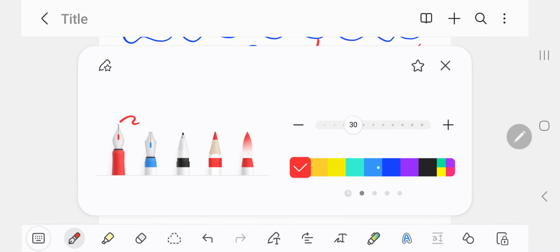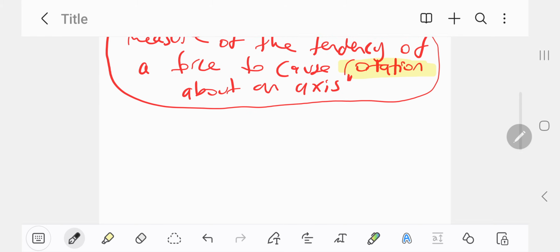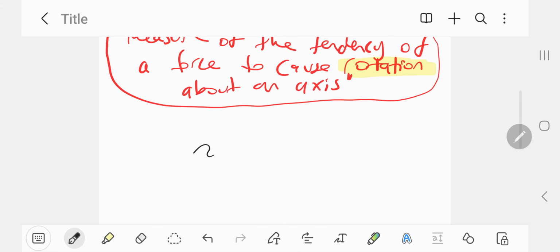I'll illustrate with a very simple example, and I'll throw literally a spanner in the works. Before that, actually, I'll draw a nut. A nut is like a hexagon structure, a piece of metal. You see things like this in construction, in cars, to fasten with bolts to hold parts together.